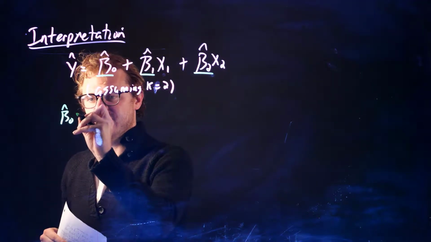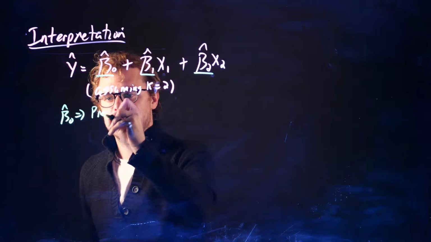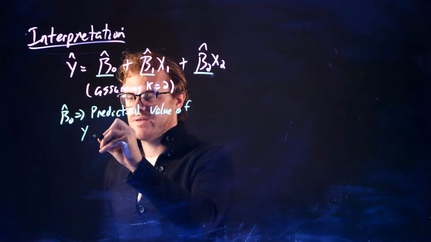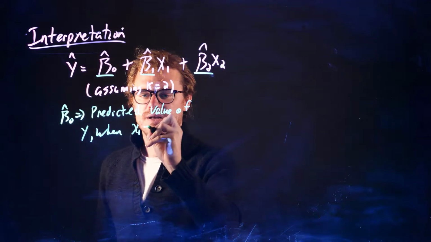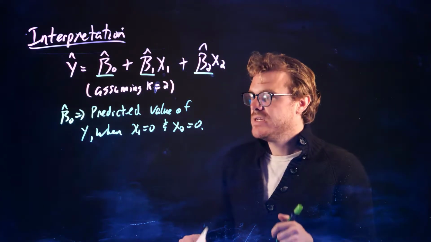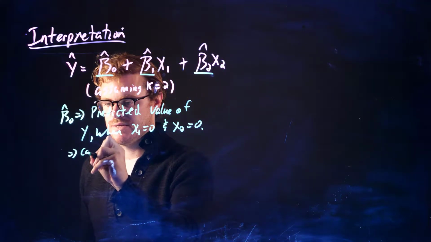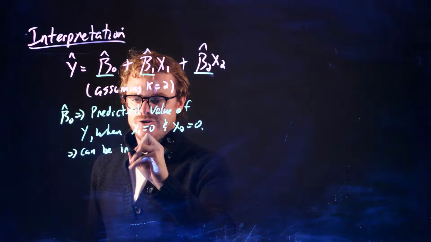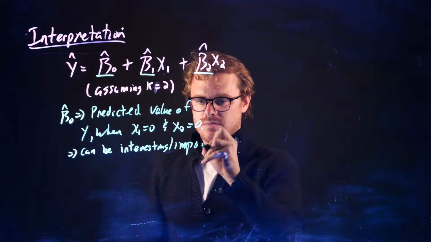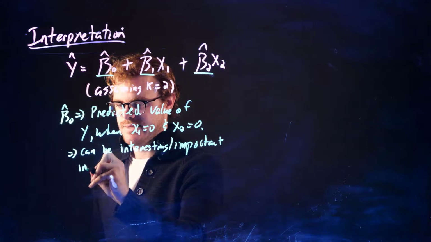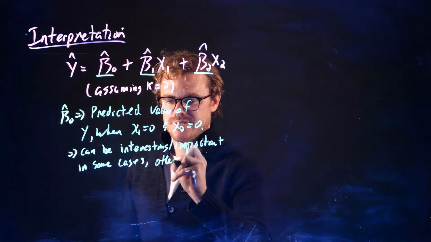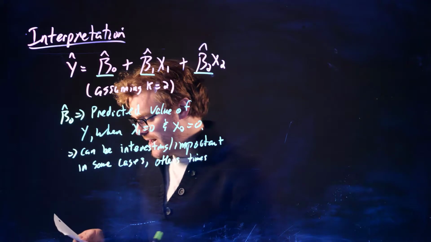So beta hat 0 is going to be the predicted value of y when x1 equals 0 and x2 equals 0. Just like before, this can be interesting and important in some cases, other times not.